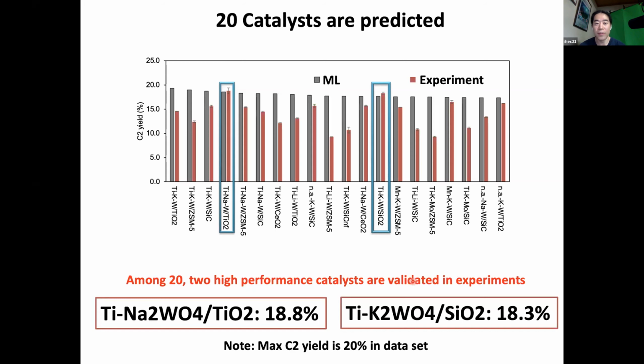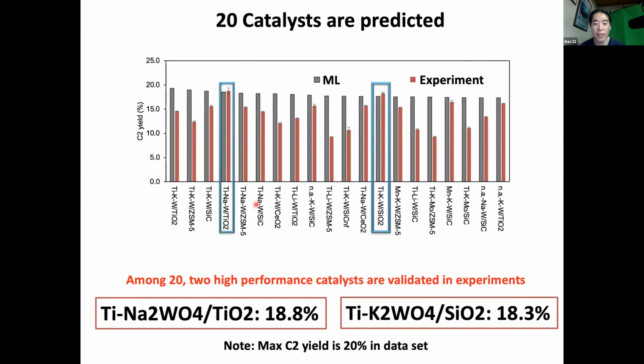Deep learning predicted 20 catalysts that are supposed to have quite a high C2 yield. And as you can see here, the machine learning predicted these 20 catalysts have quite high yield, which is this black bar here. And then we tested in experiment whether those catalysts are really good catalysts or not.